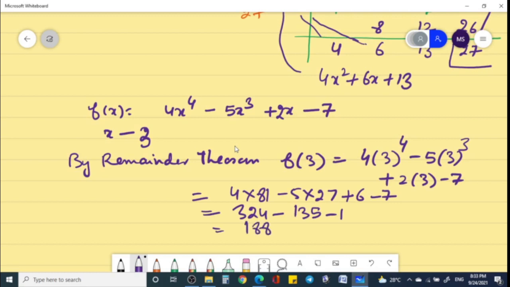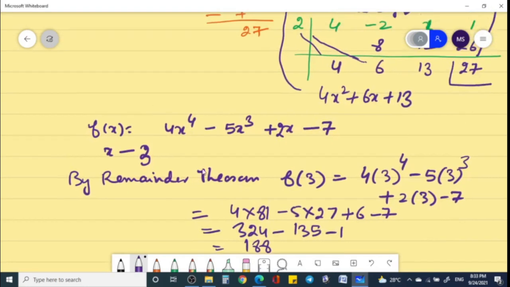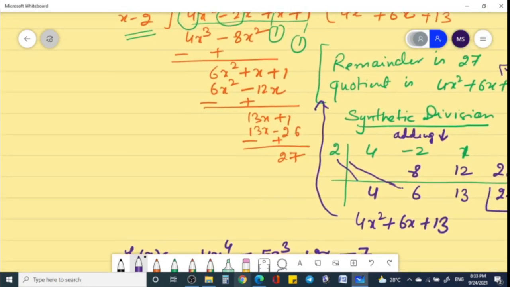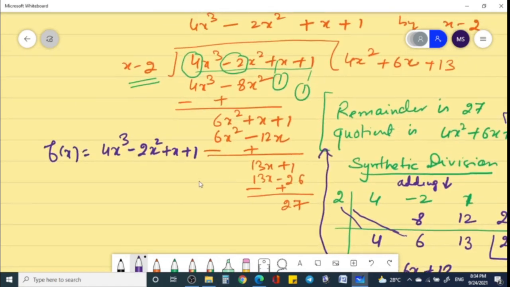So we can find the remainder directly using the remainder theorem. Similarly, if f(x) is 4x cube minus 2x square plus x plus 1, as we had already, we can find the remainder f(2) by the direct remainder theorem.